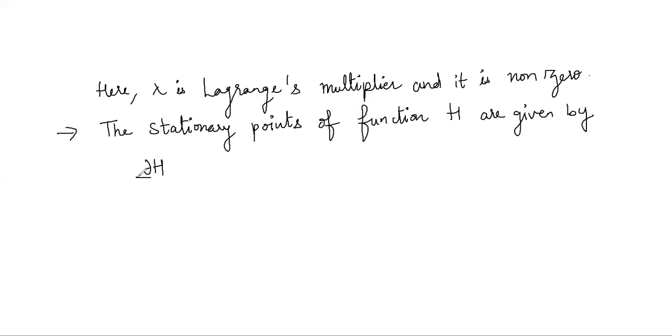del h by del x, partial derivative of h with respect to x, equal to 0. Then partial derivative of h with respect to y is also considered as 0. And the partial derivative of h with respect to z is also 0. So critical points of this new function h will be obtained by considering these three partial derivatives as 0.